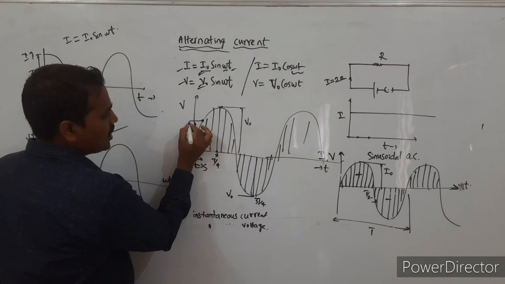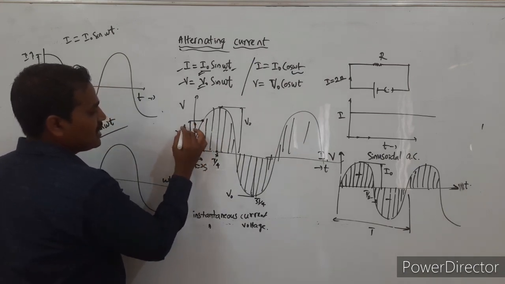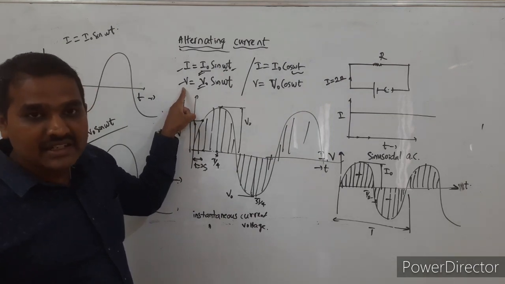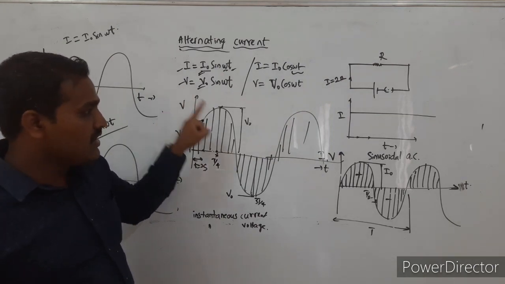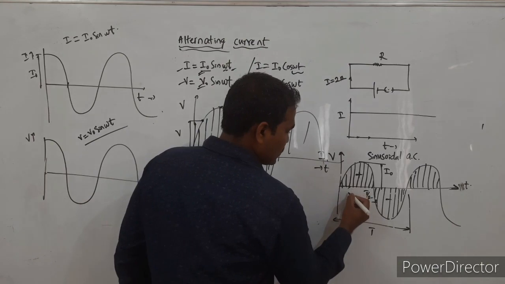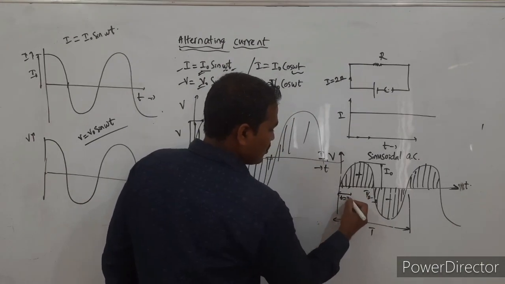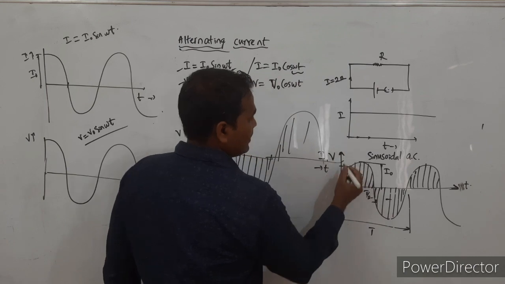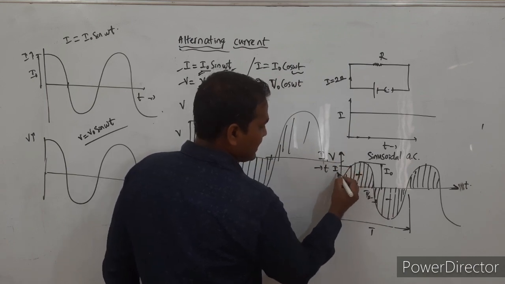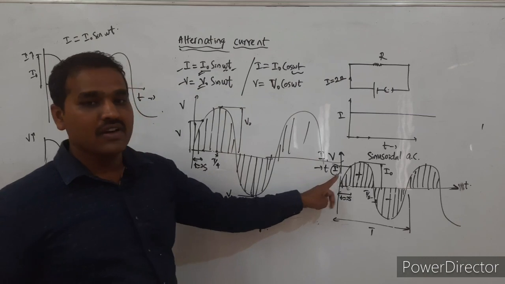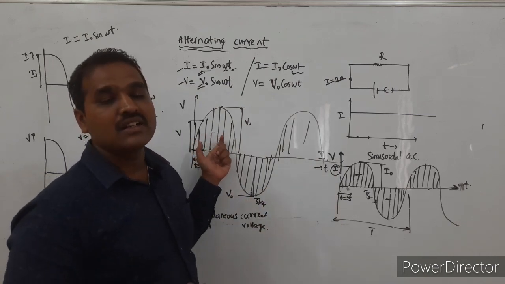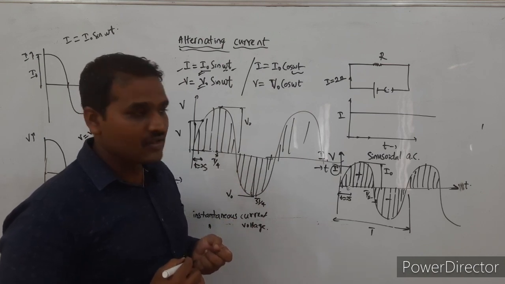At this point, whatever the value of voltage is, I consider it the instantaneous voltage. Similarly, at this time of 2 seconds, whatever the value of current is, I consider it the instantaneous value of current. So this is how to represent alternating current and alternating voltage.